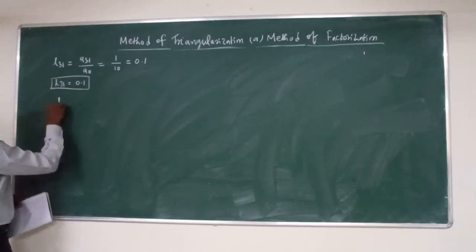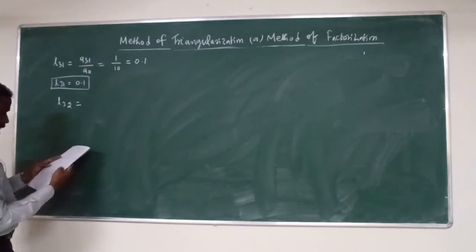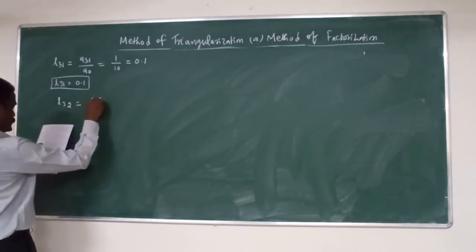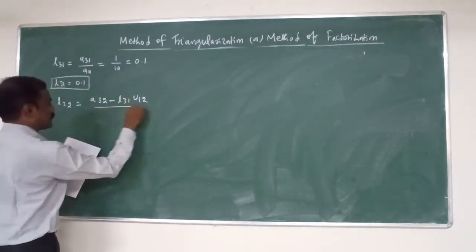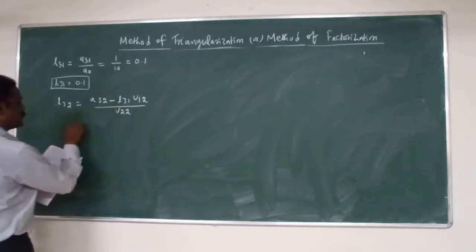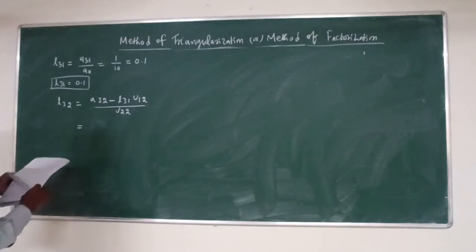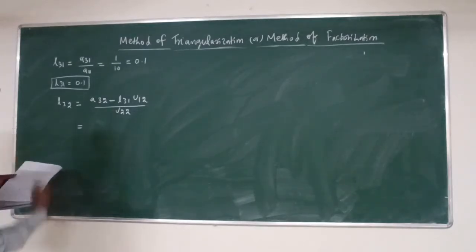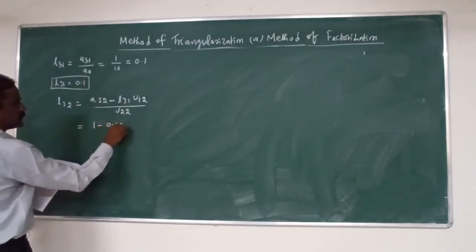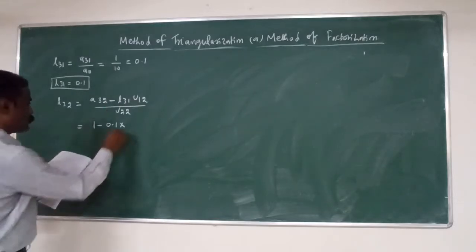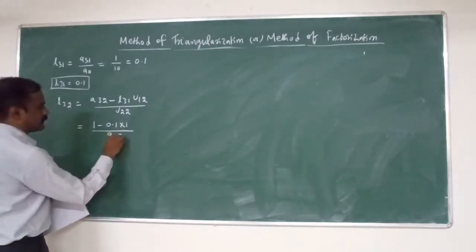Next, to find out L32, now the formula is A32 minus L31 U12, divided by U22. Here A32 value 1 minus L31 value 0.1 into U12 value 1, divided by U22 value 9.8.